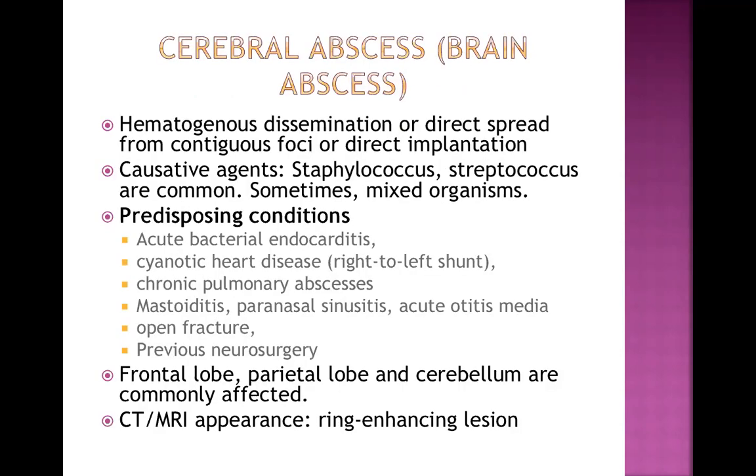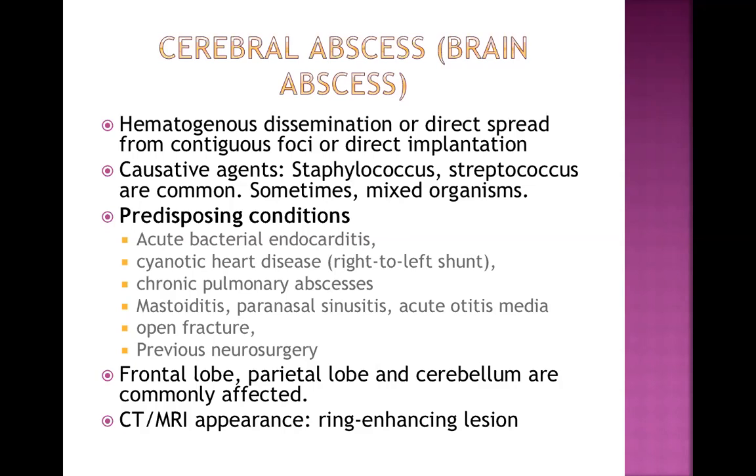Now, the last part of CNS infection is brain abscess or cerebral abscess. So let's talk a little bit about it. Cerebral abscess occurs as a result of hematogenous dissemination or direct spread from contiguous foci or direct implantation of the microorganism inside the brain. This is the same type of discussion which we did in the beginning of this topic.